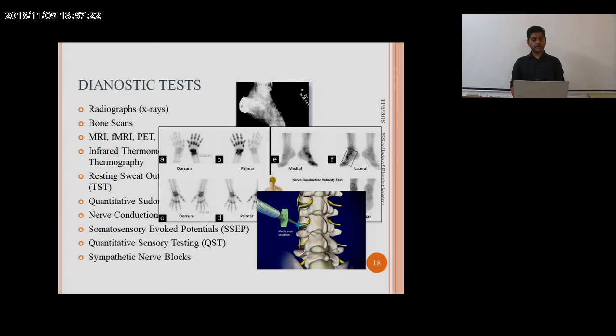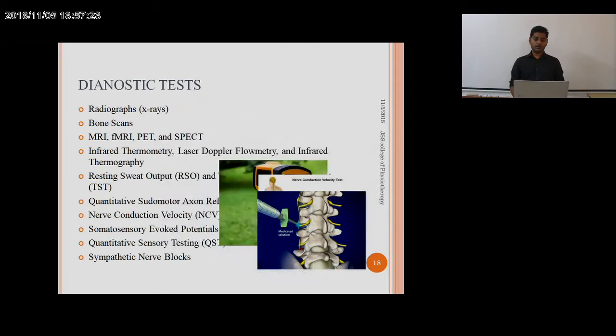There are also bone scans available, and you are going to see bone scans here. And infrared thermometry is a device where the person is seated normally, and the therapist evaluating projects the infrared thermometer over the affected area, and you are going to see temperature changes in the area.